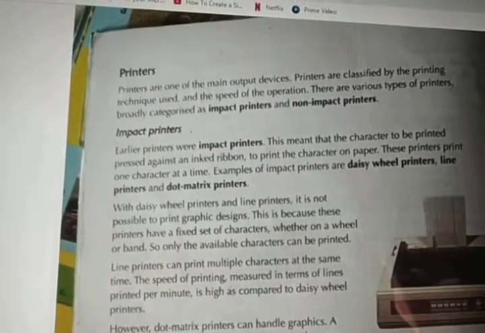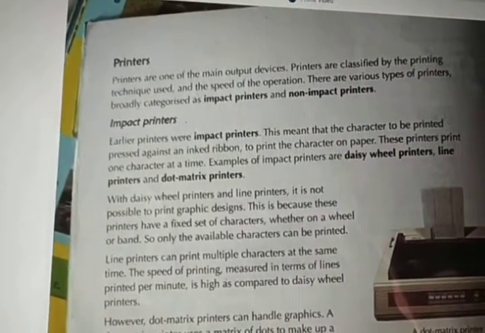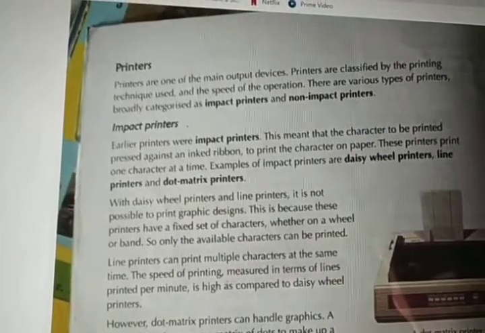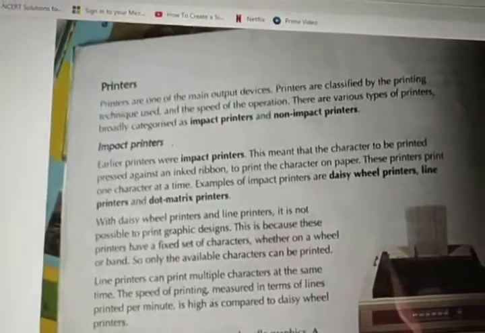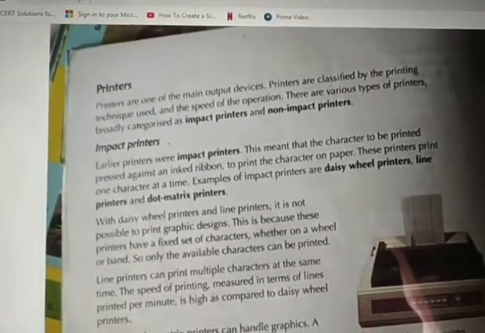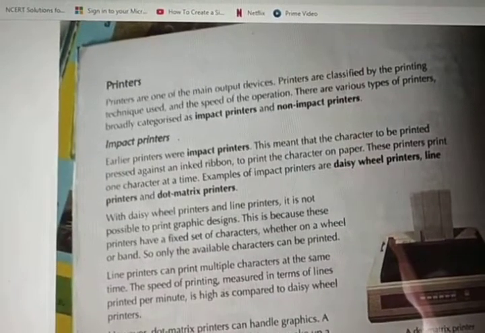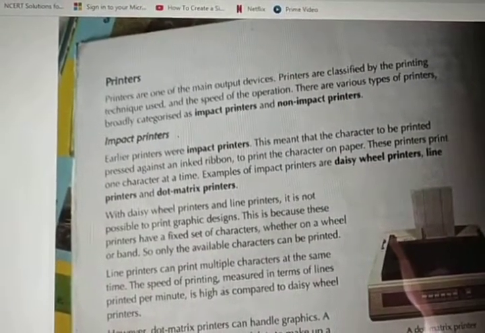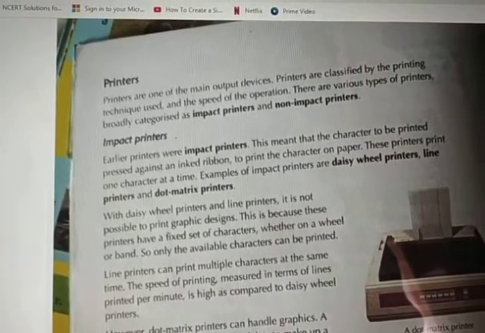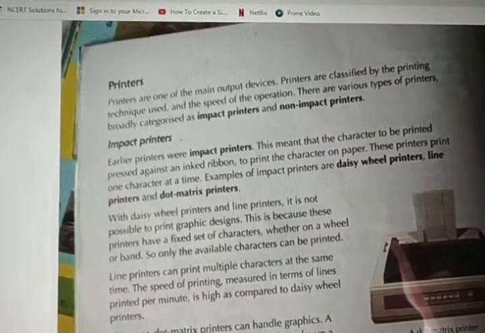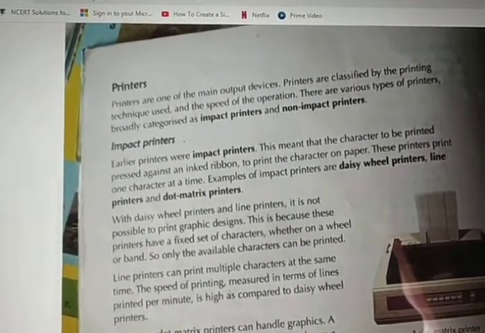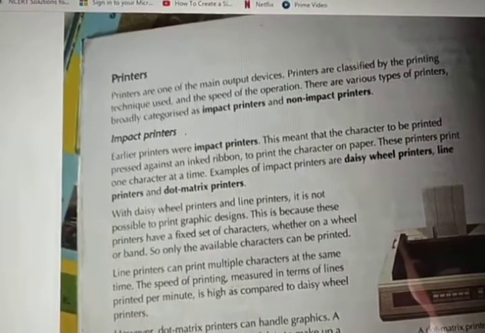So that character is drawn on the paper. The character may be A, B, 1, 2, 3, whatever; it is pressed on the paper with the help of an inked ribbon.